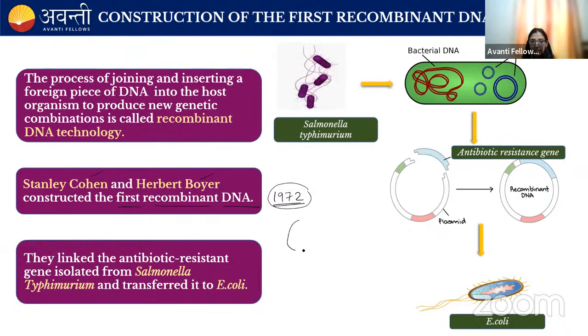What they did was take a plasmid that contains the antibiotic resistance gene, and they took this antibiotic resistance gene and incorporated it into the plasmid of another bacterium, which is Salmonella typhimurium. This is how they created the first recombinant DNA.